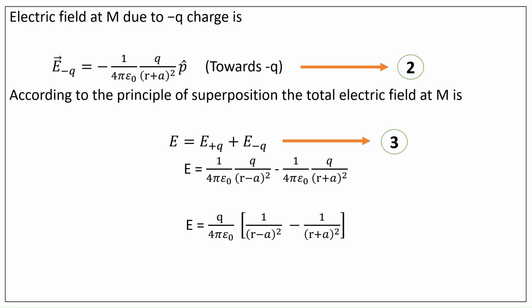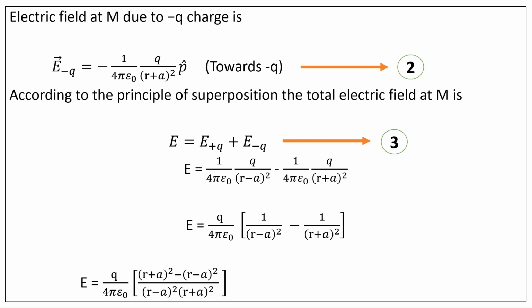Now, take q by 4 pi epsilon naught common. Then we get E is equal to q by 4 pi epsilon naught into bracket 1 by (r minus a) whole square minus 1 by (r plus a) whole square.